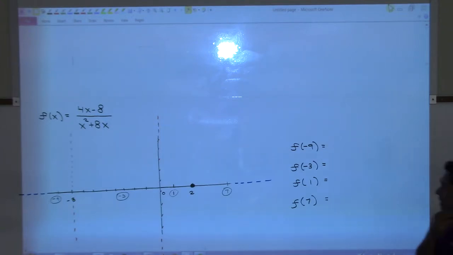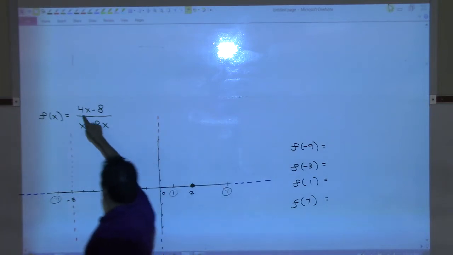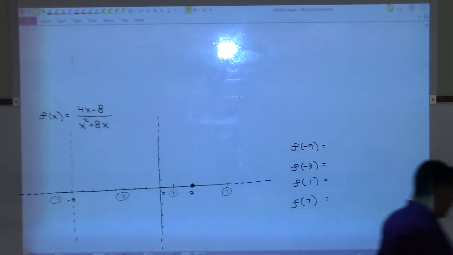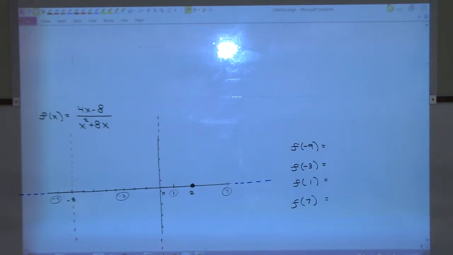So we need our calculators for this. 4 times -9 minus 8, and then you want to divide that by -9 squared, and so on. So does anyone have something for that yet, the whole thing? Take your time.